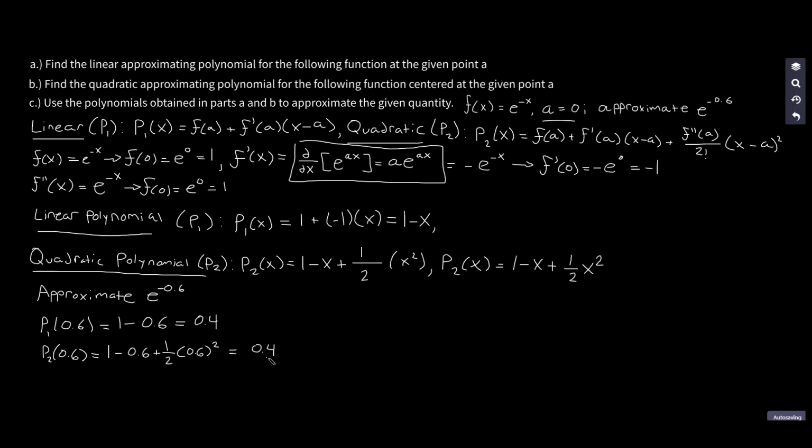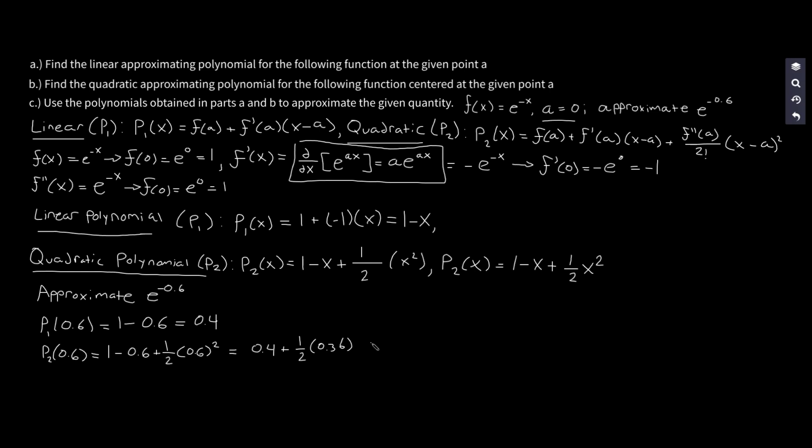So we have 0.4 plus 1 over 2, and 0.6 raised to the second power is going to be 0.36.